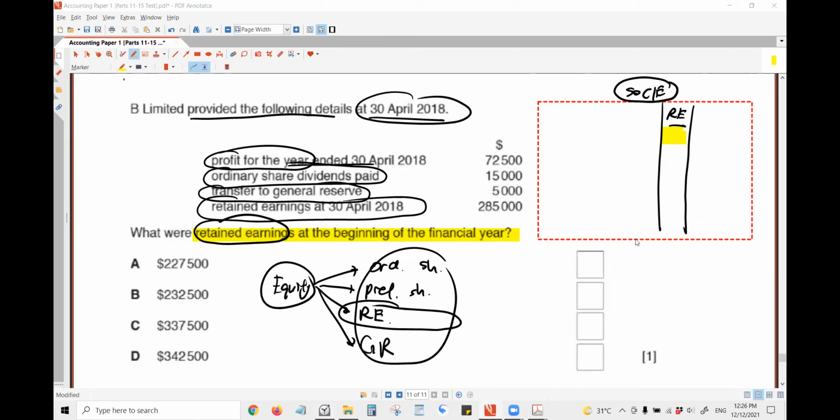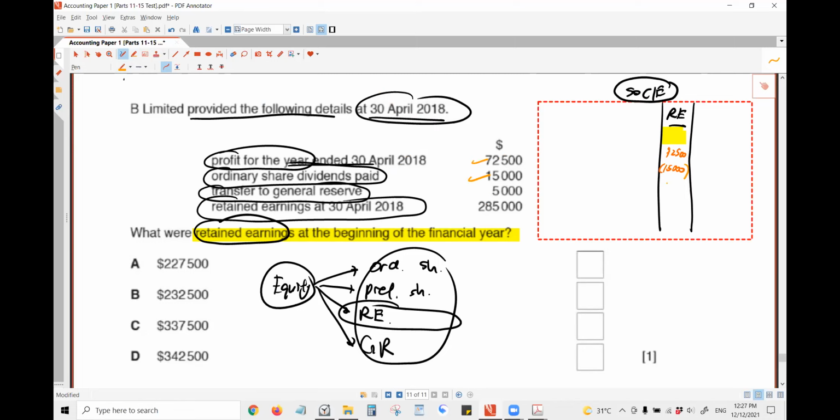So again, it's testing you on the statement of changes in equity table. Profit for the year, 72,500. Sorry, profit for the year, you should plus, right? Let me erase the bracket. Plus profit for the year, then minus the ordinary share dividend paid.